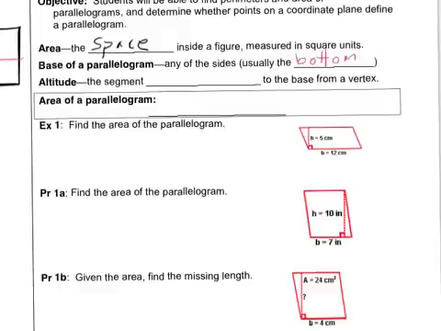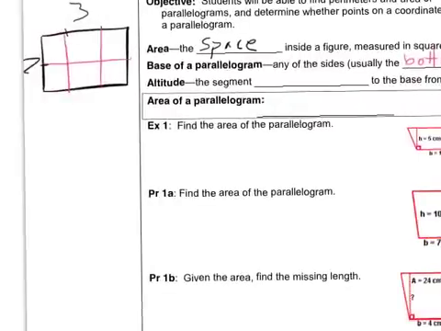And remember that if it's a parallelogram, the top and the bottom are the same. And then altitude, another word for altitude is height. We'll probably actually use this word height more often than we'll use altitude in our area formulas.